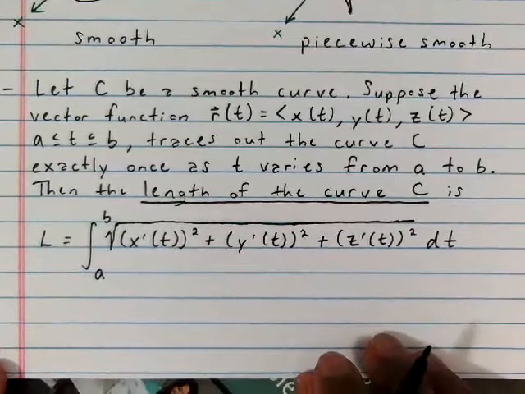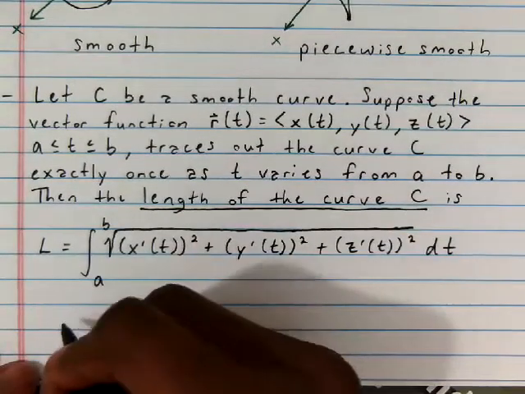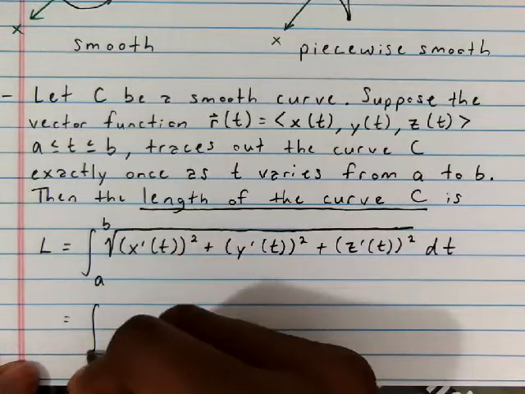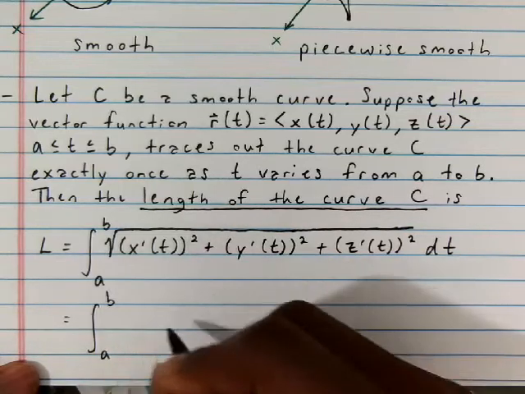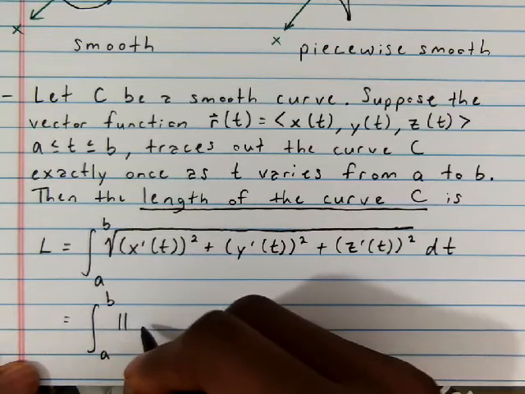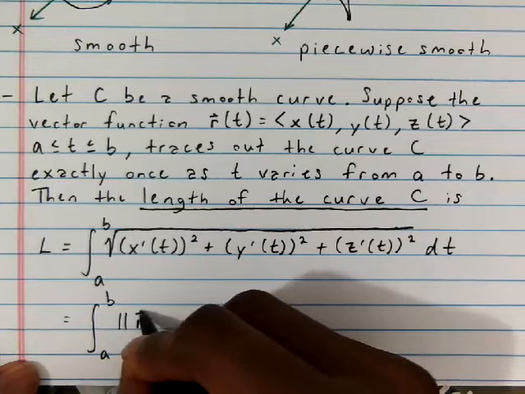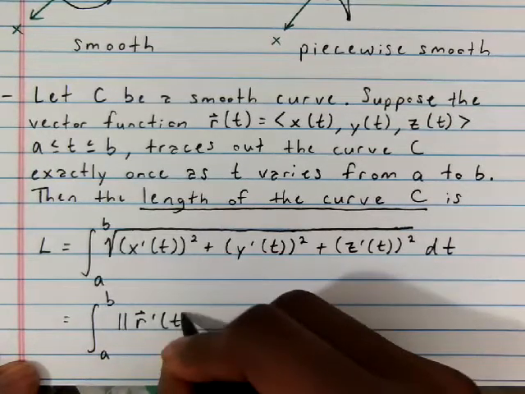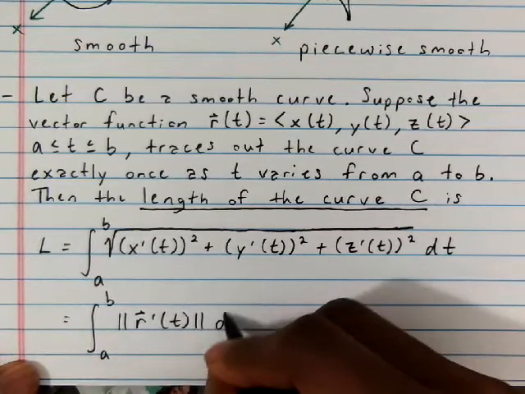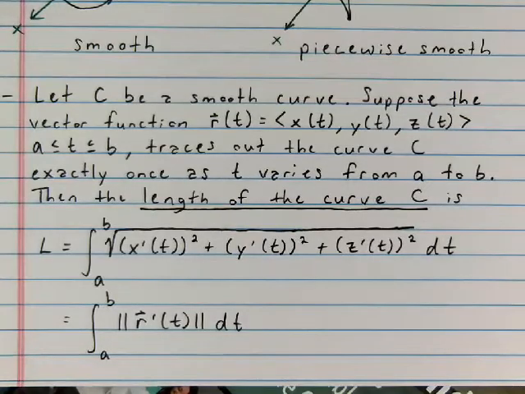Or that can also just be written as the integral from a to b of the length of the vector r prime of t with respect to t.